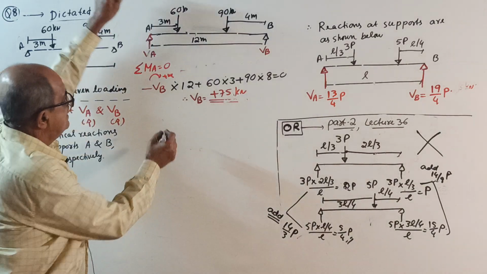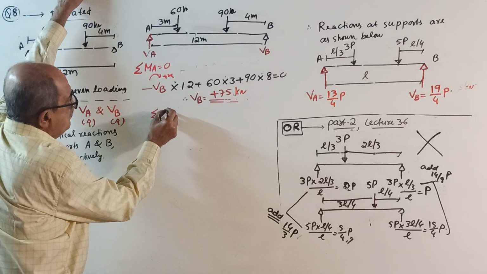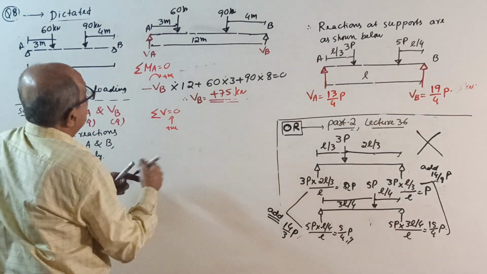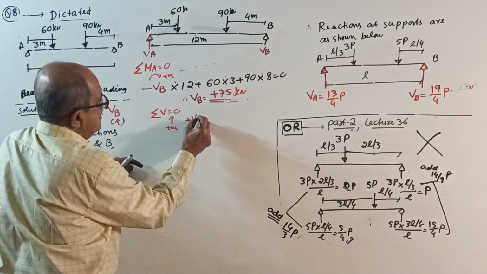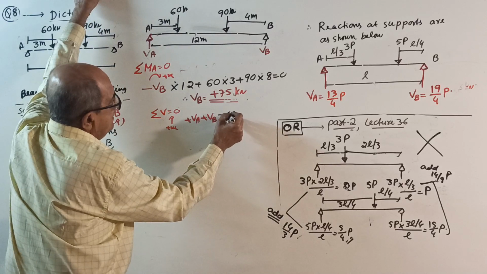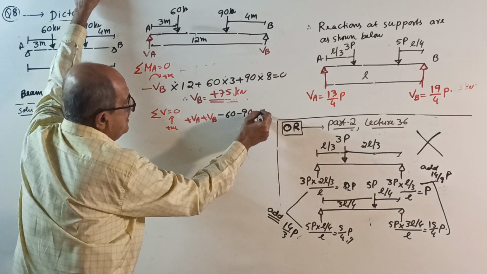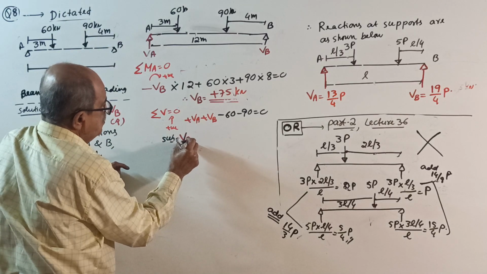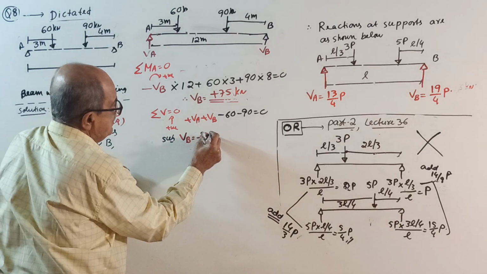Then sigma V equal to 0, take upward positive. That is plus VA plus VB minus 60 minus 90 equal to 0. Substitute VB equal to plus 75 kilonewton.